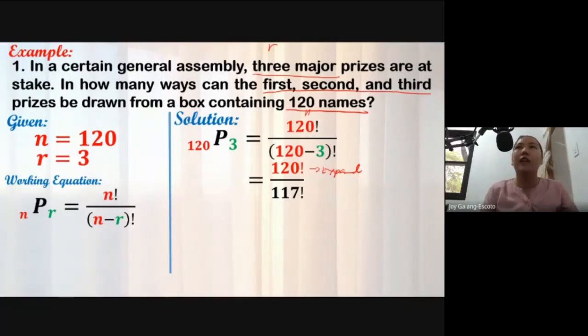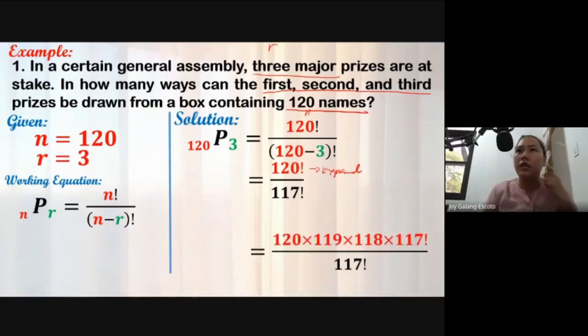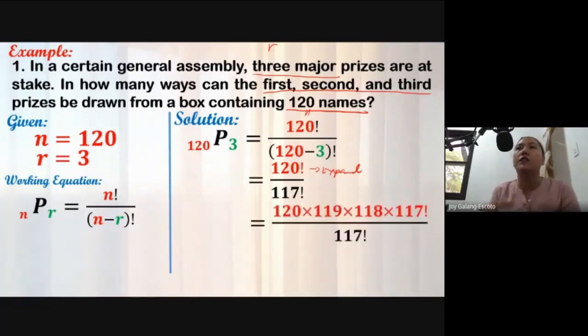So expanding 120 factorial, it will be 120 times 119 times 118 times 117 factorial. As you can observe, we stopped at 117 factorial because our goal is to cancel out 117 factorial, because 117 factorial divided by 117 factorial is equal to 1.